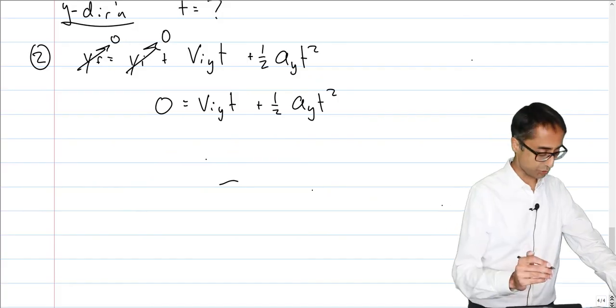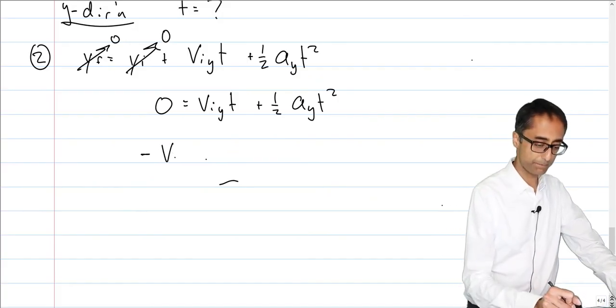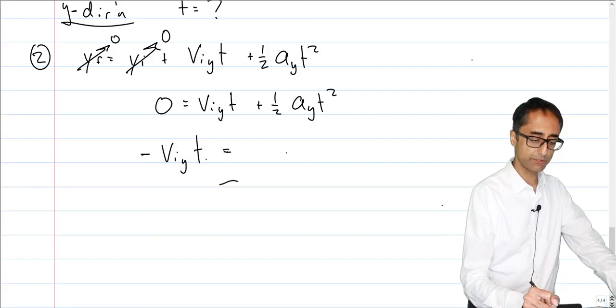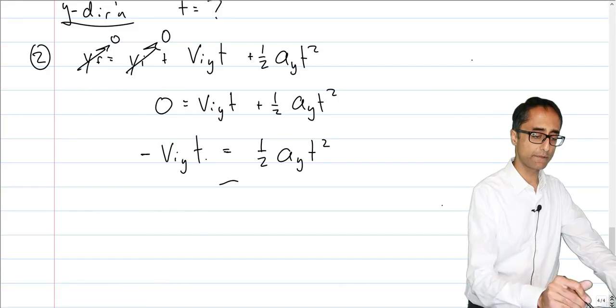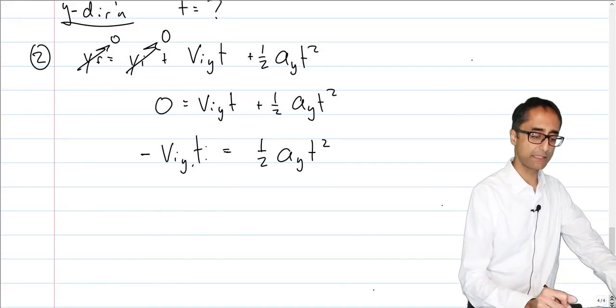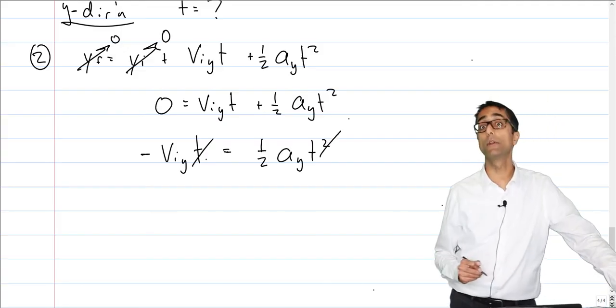I'll move my v initial y to the other side. And that's just equal to 1/2 a_y t squared. I can divide both sides by t. So dividing by t gets rid of that one and that one there.